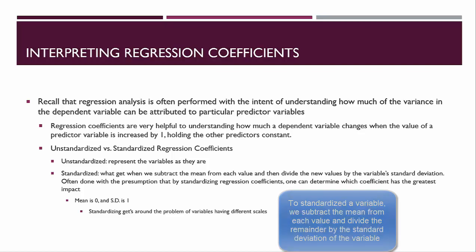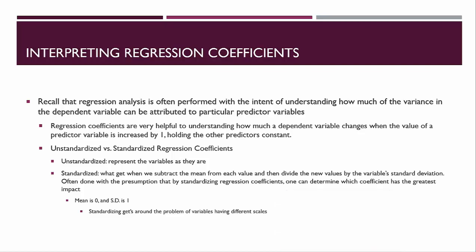We do this because now we've put everything on the same scale, right? It didn't matter that our two predictor variables were measured using different scales. Now they both have a mean of 0 and a standard deviation of 1, and that can permit us to make inferences regarding the relative effect of one versus the other.